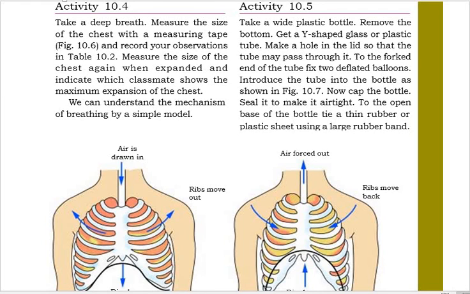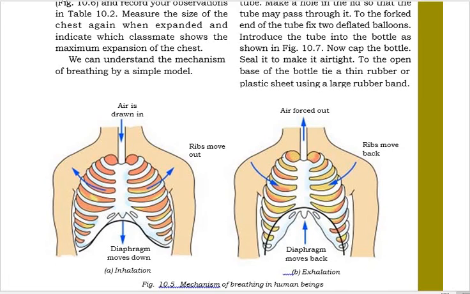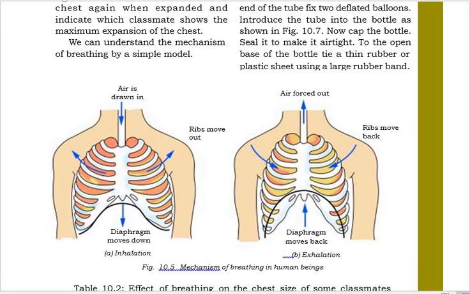We can understand the mechanism of breathing by a simple model. So here two pictures are given: mechanism of breathing in human beings, inhalation and exhalation. At inhalation time you can see the ribs are moving upwards and outwards, and the diaphragm goes down.